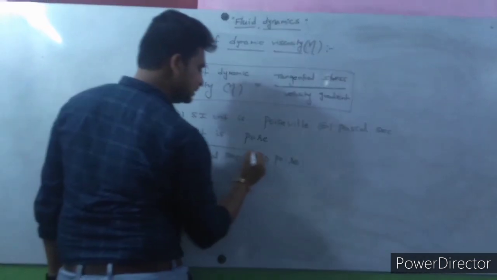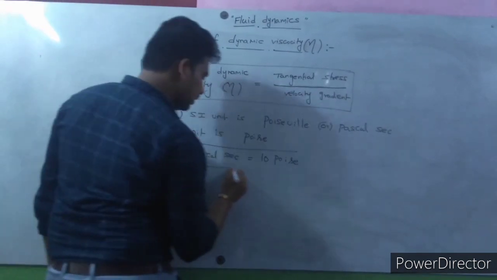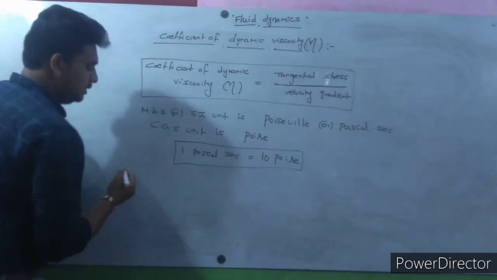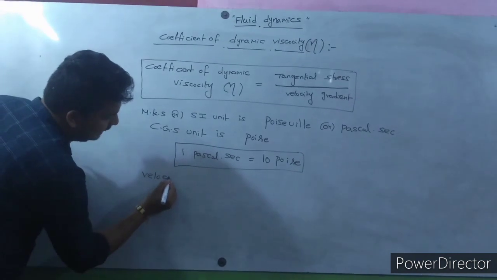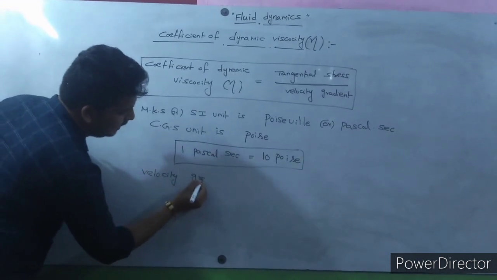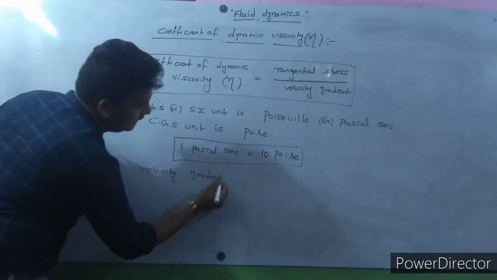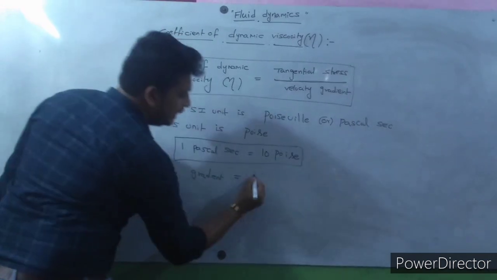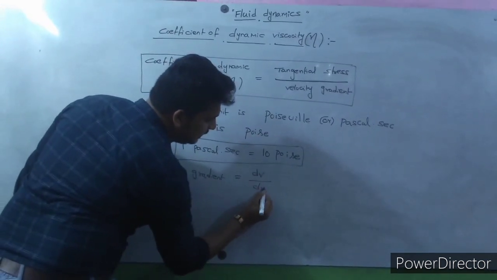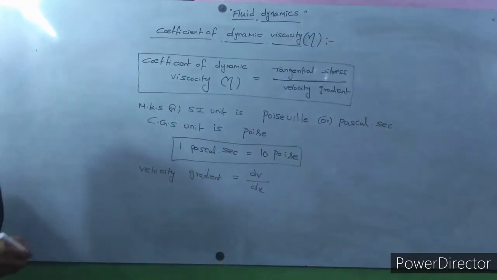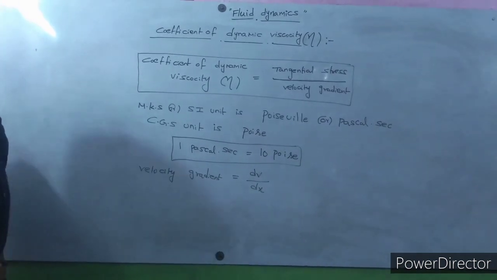Here velocity gradient is nothing but dV by dx.